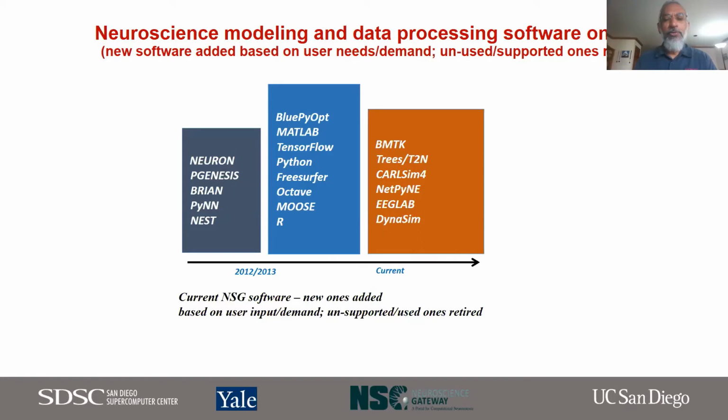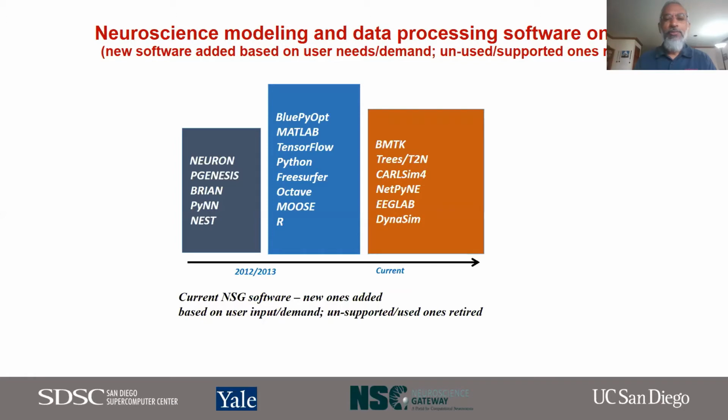So NSG provides various neuroscience modeling and data processing software. Initially, when we started in 2013, it was primarily computational neuroscience software, such as Neuron, Genesis, Brian. Over time, more and more cognitive neuroscientists and experimental neuroscientists have started using NSG.